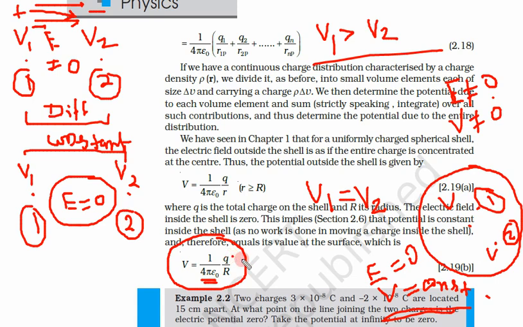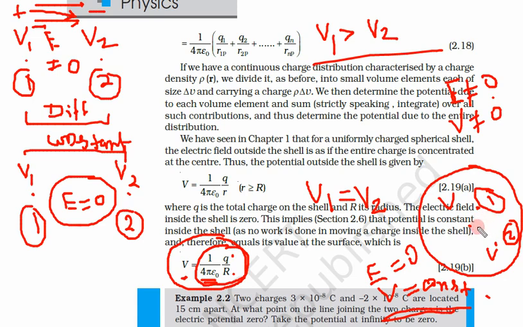The total charge in the spherical shell is also constant, and the radius of the spherical shell is also constant. So all the quantities are constant, hence the potential must be constant. So the potential at this point is V, the potential at this point is V, so neither of them is positive nor negative.